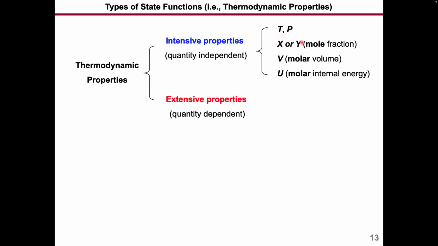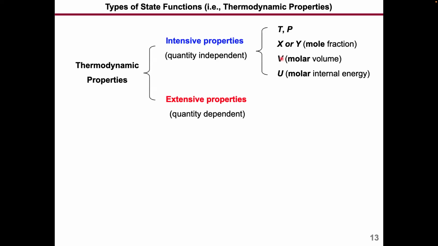And then mole fraction. Mole fraction in liquid, we usually use x. In a gas mixture, we usually use y to represent mole fraction. Mole fraction is unitless, so you would imagine it doesn't depend on the moles of the species. It only depends on the relative ratio between the species.